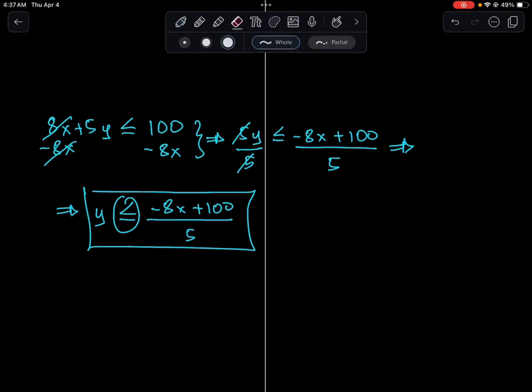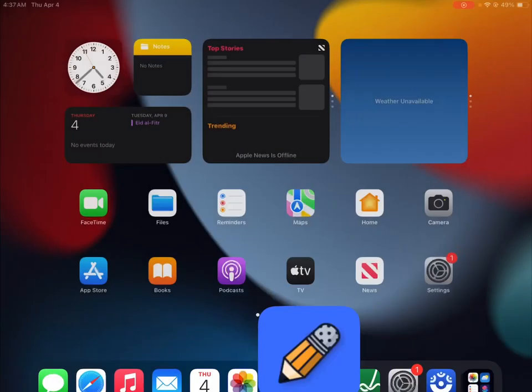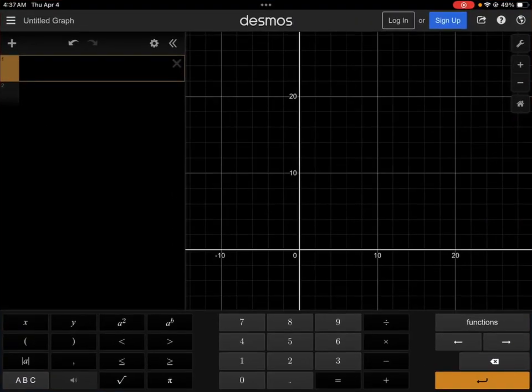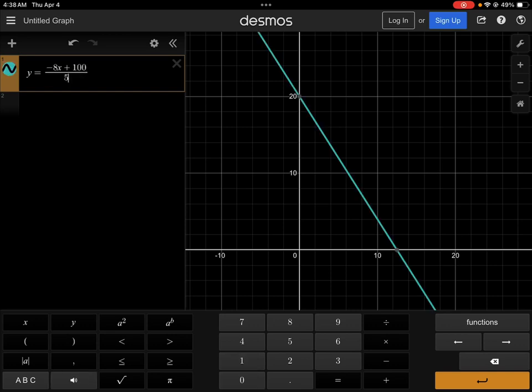What you're going to plug in is y equals the right hand side. That's what you're going to plug in on the calculator. So here we're going to plug in y equals fraction line negative 8x plus 100, and the denominator is a 5.